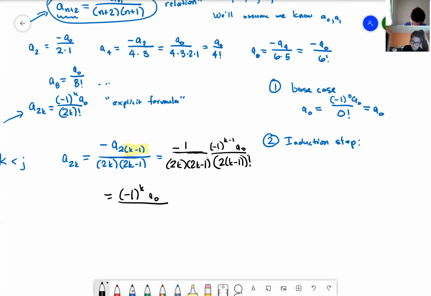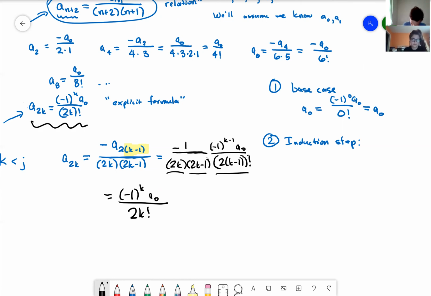Okay. So this is 2k times 2k minus 1 times 2k minus 2 times 2k minus 3 times 2k minus 4 and so on. So that's 2k factorial. In other words, that's exactly what we were expecting.